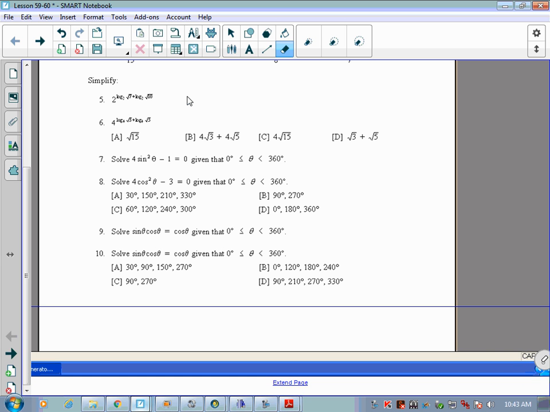Number 7, this is where we switch things over to lesson 60: factorable trigonometric equations, loss of solutions caused by division. So 7 and 8 are factorable trigonometric equations.